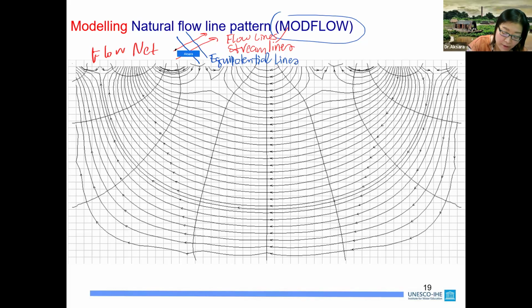Every point that you are on your streamline, it means that you have the same flow velocity. Same for the equipotential line. Every point on the same equipotential line represents the same equipotential head.